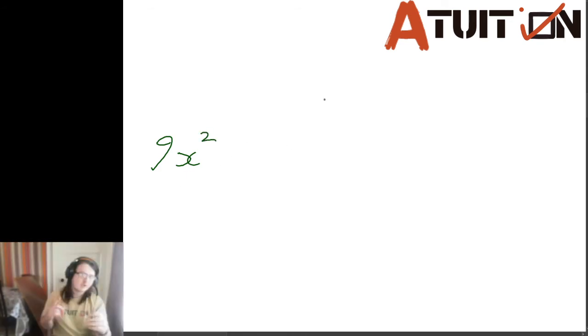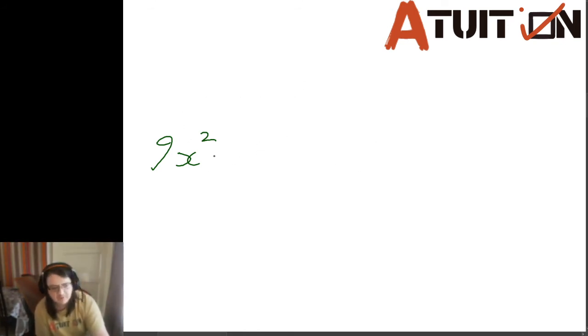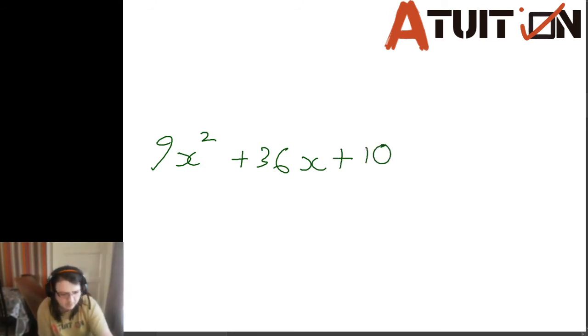Alright, so let's say we've got something strange like 9x squared. Let's say there's a quadratic equation which is y equals 9x squared plus 36x plus 10.